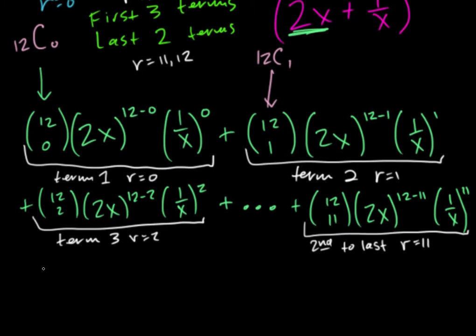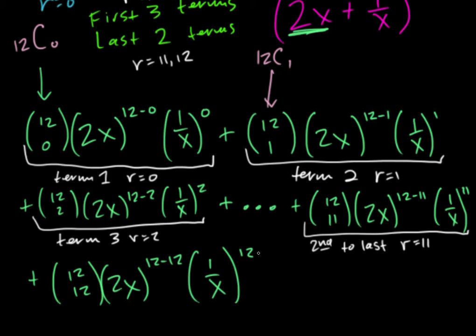And we'll go down one more. 12, 12. 2x raised to the 12 minus 12. 1 over x raised to the 12. So this is the last term when r equals 12. Okay, so that was just kind of an exercise to help you see how all of this is used.